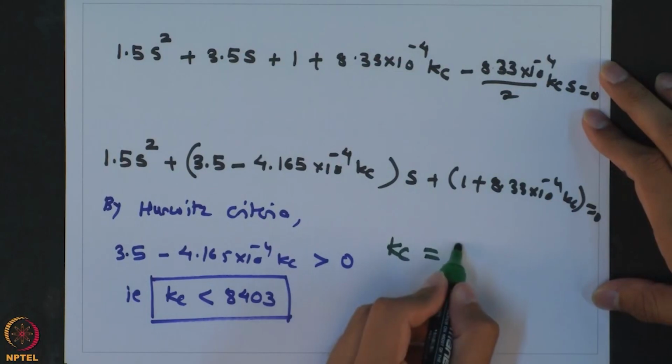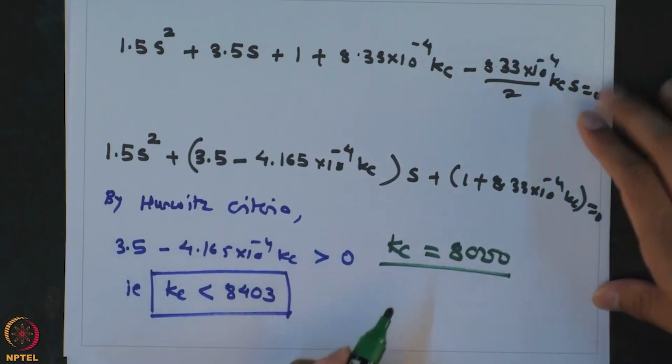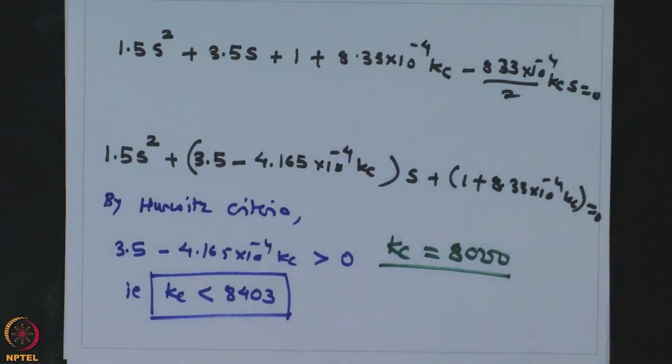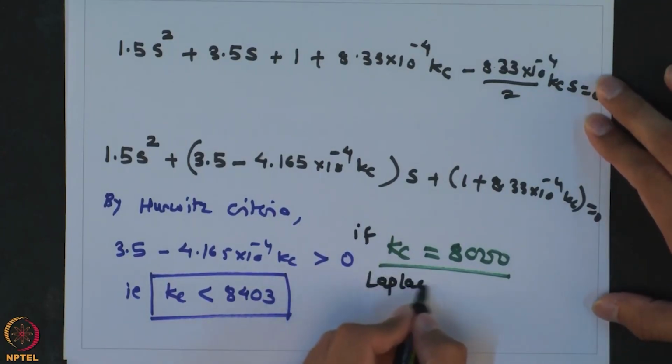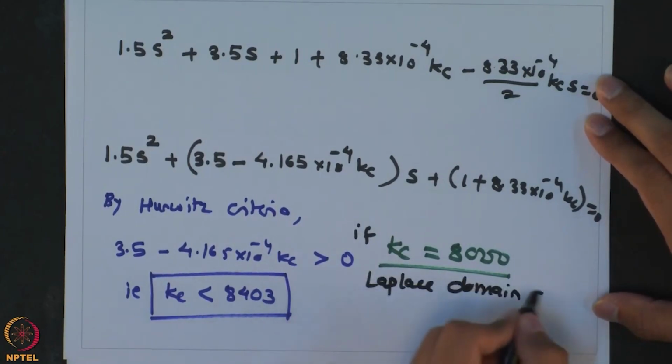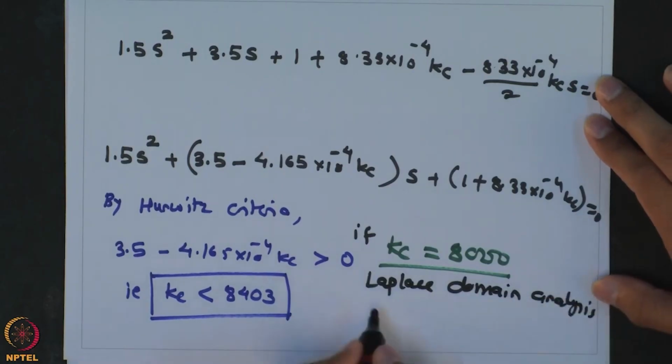By using this Padé approximation, we can approximately do this stability analysis, and the reason why I say approximately is, let us say for this particular system, if I use Kc equal to 8000, then Laplace domain analysis tells me that the closed loop system will be stable.